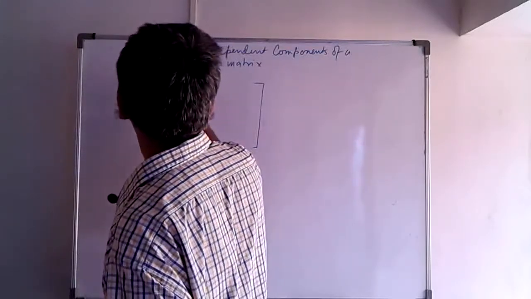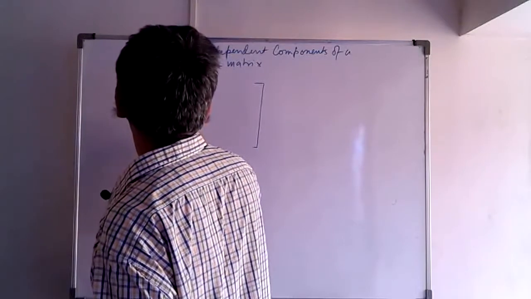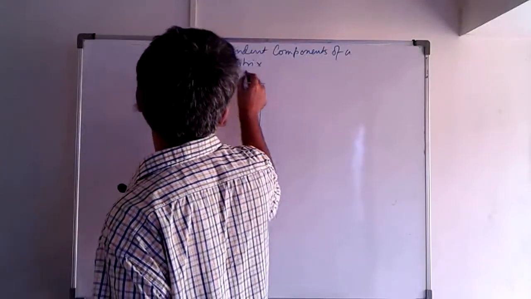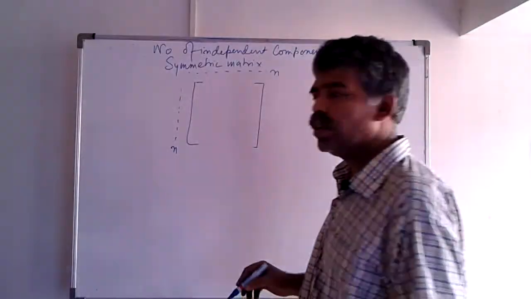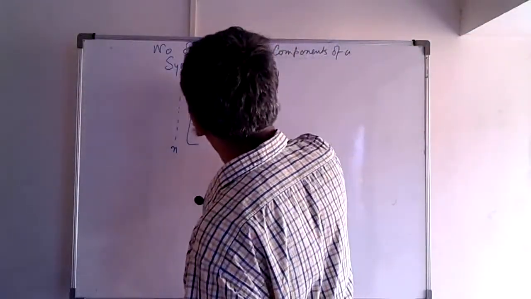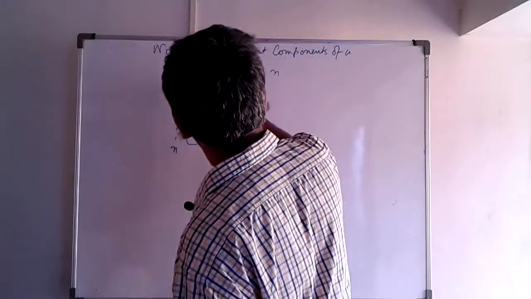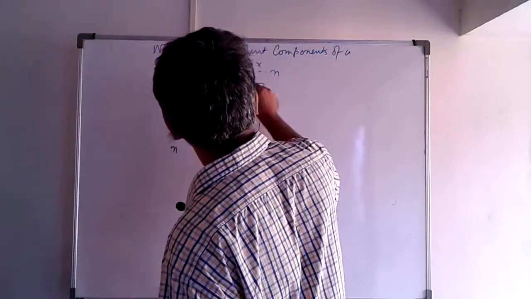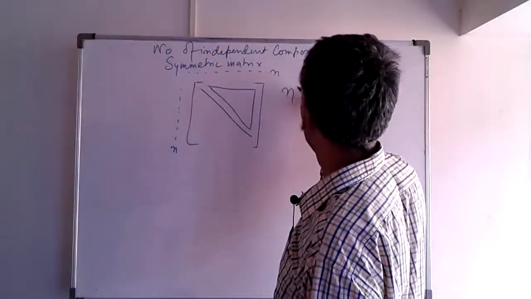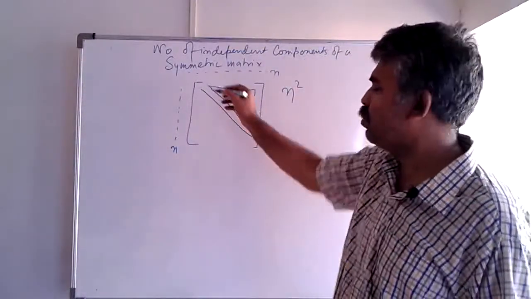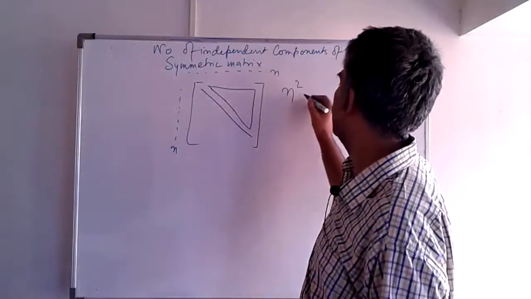So n rows and n columns. How can you get the number of independent components? It is basically the diagonal plus one side of the diagonal. So the total number is n square, right? What's the number of components in the diagonal? n.